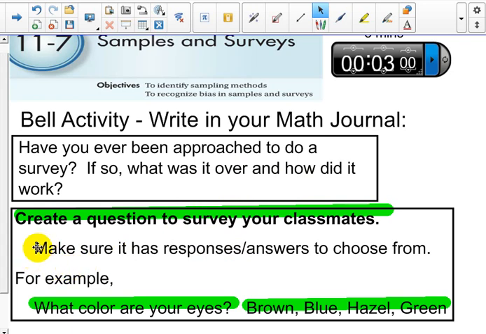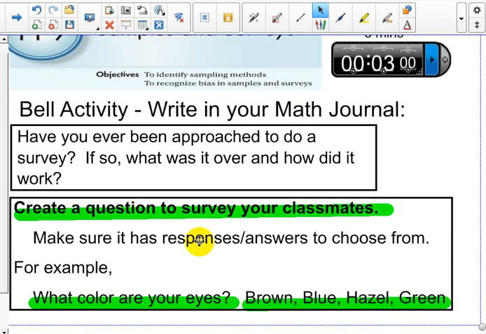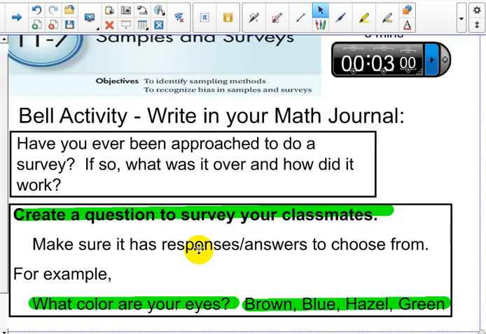So I want you to do this in your math journal. So after you finish that, then I want you to create a question to survey to your classmates. Okay? And this is the one that you'll be turning in. So do it in pencil because you may need to change it by the end of the hour.